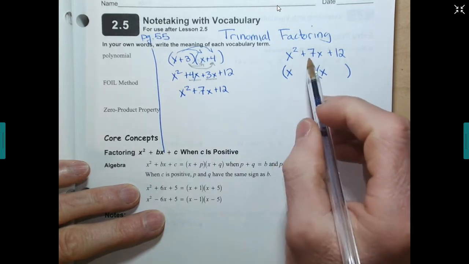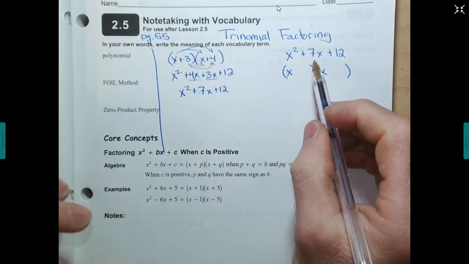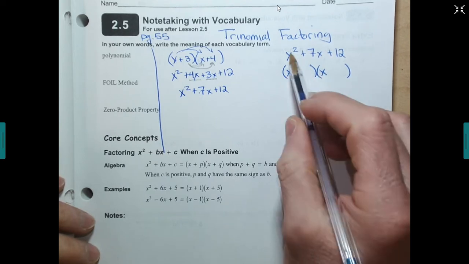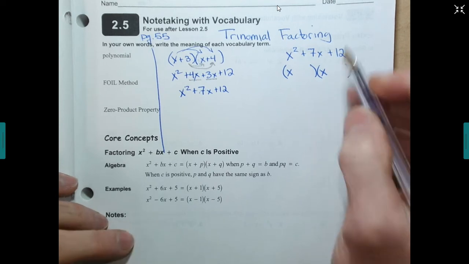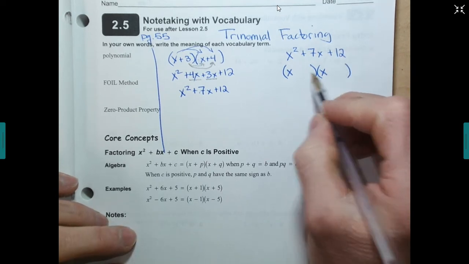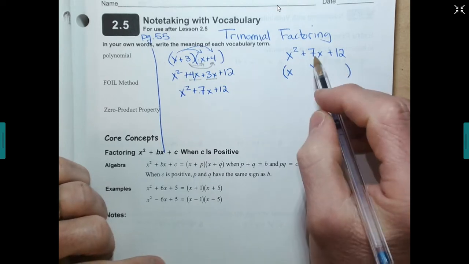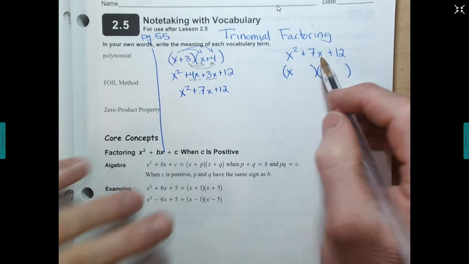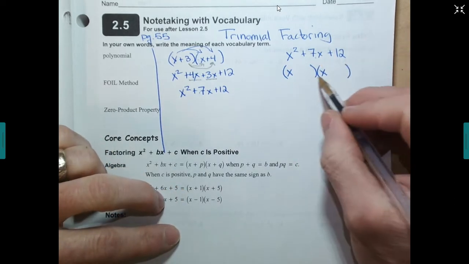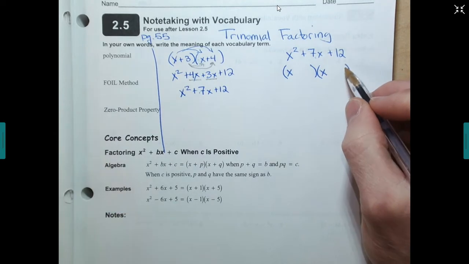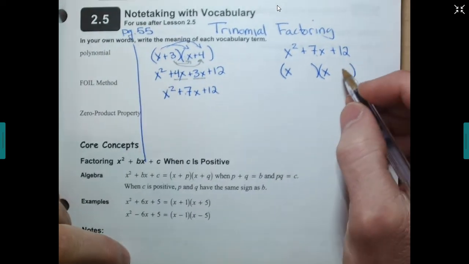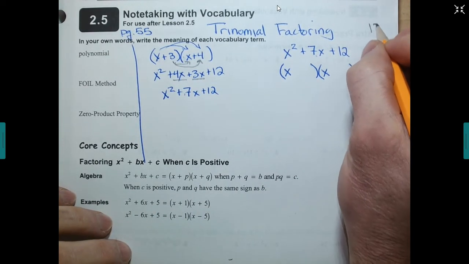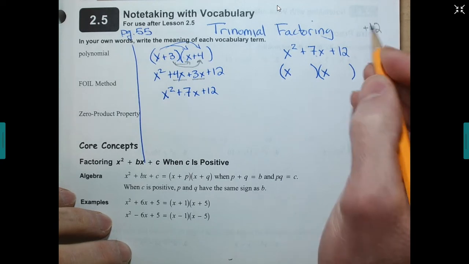So I'm breaking this out and solving it piece by piece. I know I have to get to an x squared, so I have an x times an x, because x times x gives us x squared. Now, my last number has to get to a 12, and my middle number has to get to a 7. Since my last two numbers have to get me to a positive 12, I'm going to find the factors of 12.